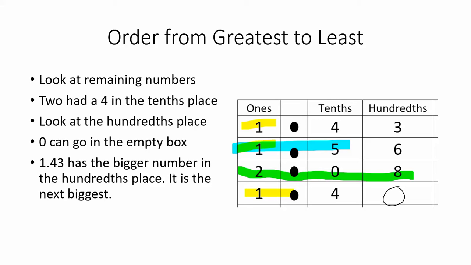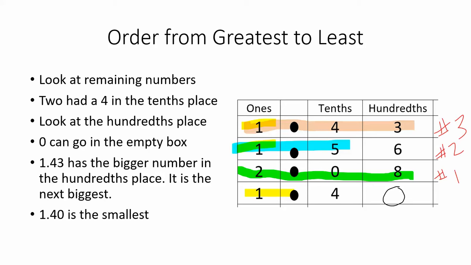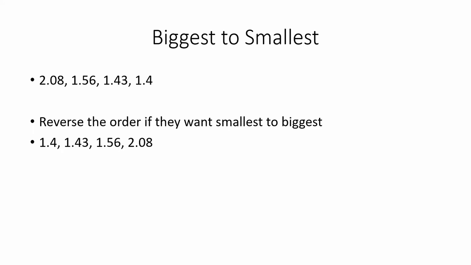Now, when I'm comparing the hundredths place, I can see that 1.43 is bigger than 1.40, since 3 is larger than 0. So that would mean that's my next bigger spot. And so that leaves my remaining number, 1.40, as the smallest. That means from biggest to smallest, we have 2.08, 1.56, 1.43, and 1.4.